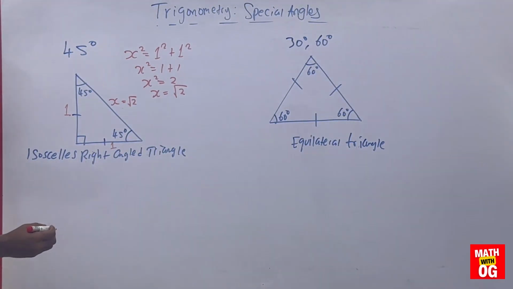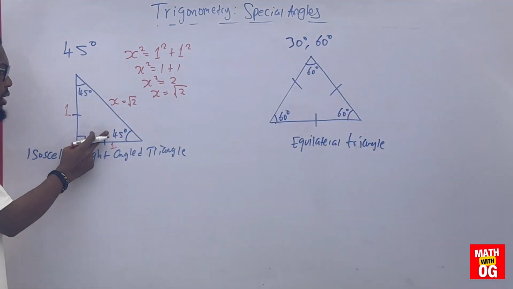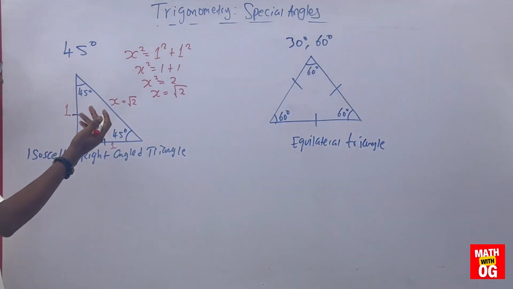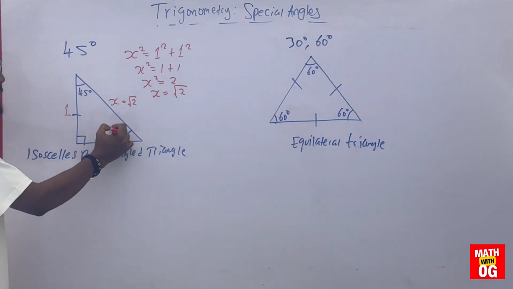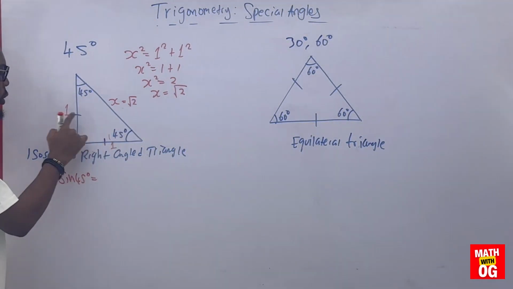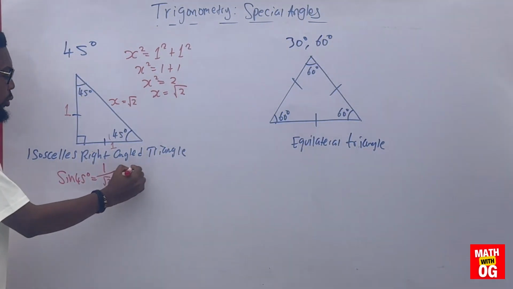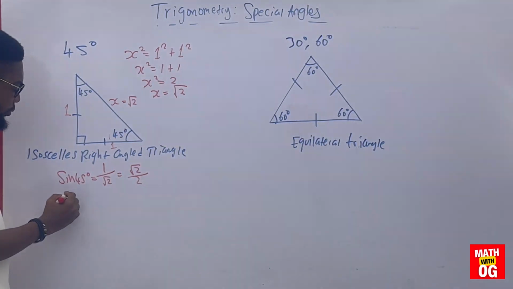Now we can boldly get our sin 45, cos 45, and tan 45. We can make use of this angle. We can also make use of this angle to give us exactly the same thing. Now let's make use of this angle. So my sin 45 is equal to opposite over hypotenuse, 1 over root 2, which can also be written as root 2 over 2.